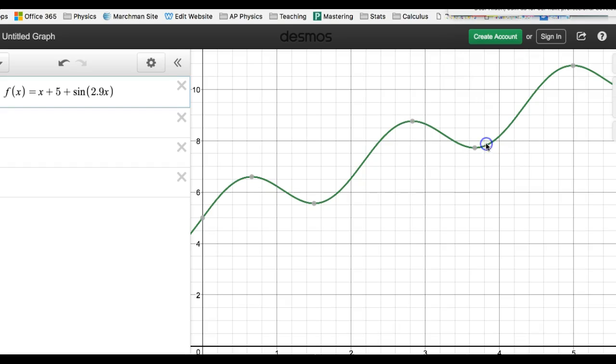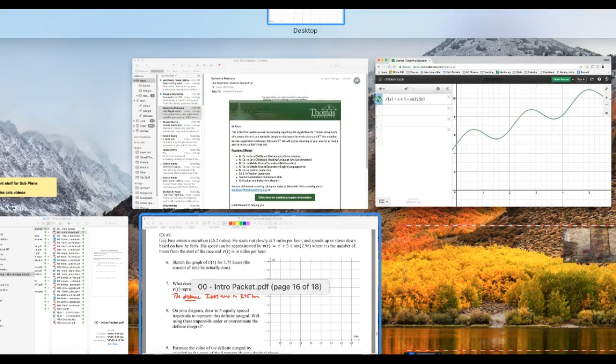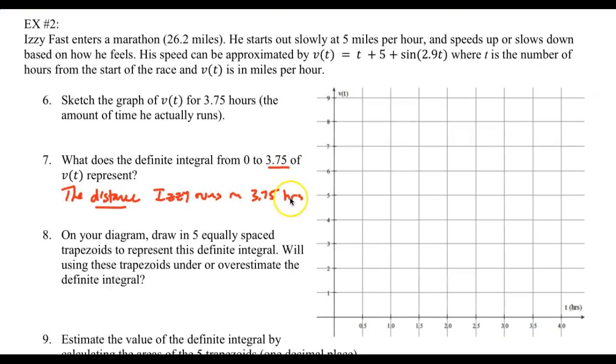Let's see. There's 3.75, so right there. And so what I might do is I might just try to draw this in here. Not the best drawing, but we'll see how it goes. So it looks like this is going to go up to about right here. Oh, I don't know.